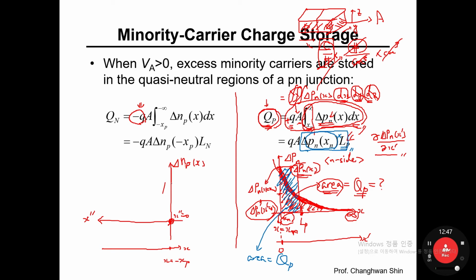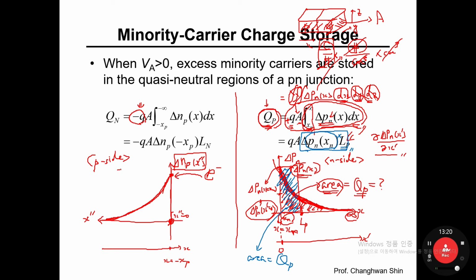This indicates the depletion layer's edge on the p side. Many electrons would be injected into the p side, and they are going to be piled up and stored like that. So we have derived the full equation for delta n sub p as a function of x, or x2 prime. So this indicates the p side.